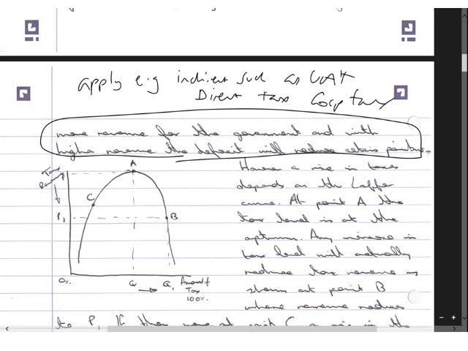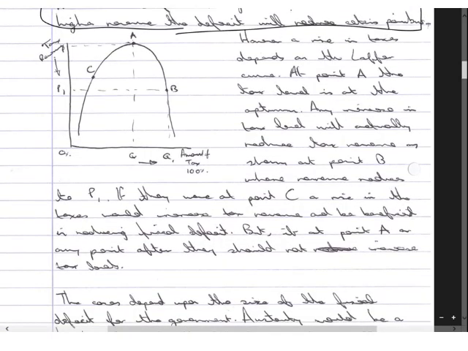At some point, the tax level is at the optimum. An increase in tax level will eventually reduce tax revenues, as shown in point B, where revenue reduces to P1. If they're at point C, then the rise in taxes would increase tax revenue and be beneficial at reducing the deficit. But if at point A or any other point after, then it would not increase tax revenue.